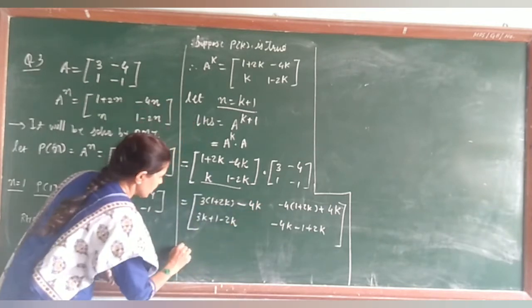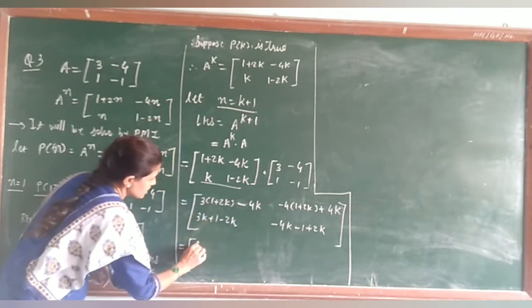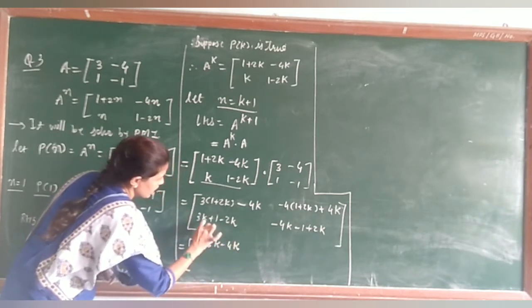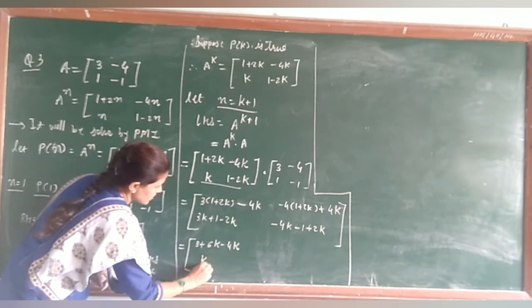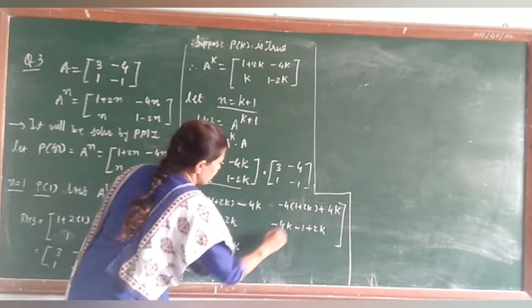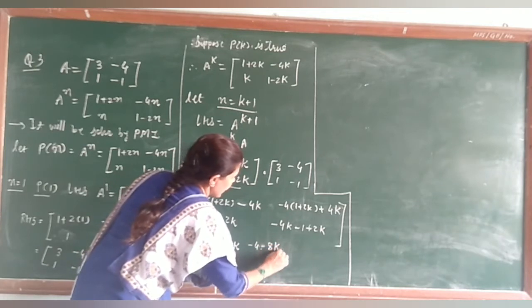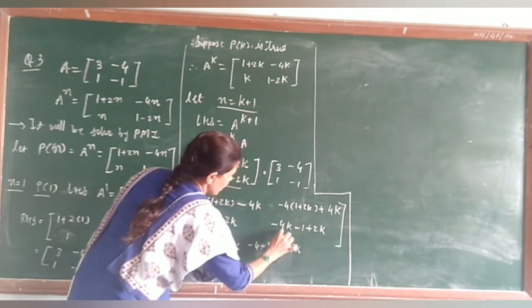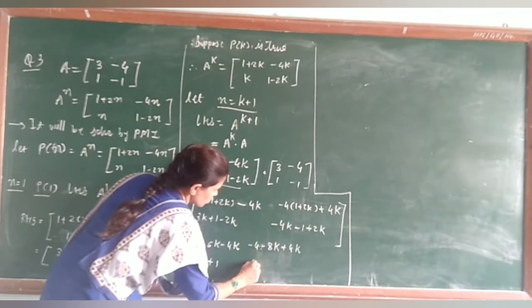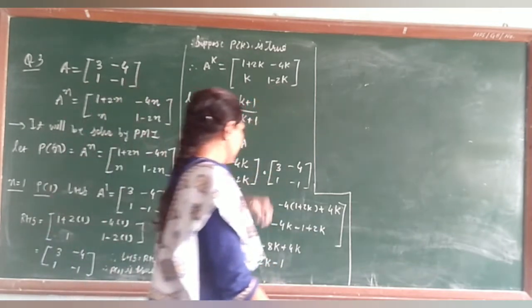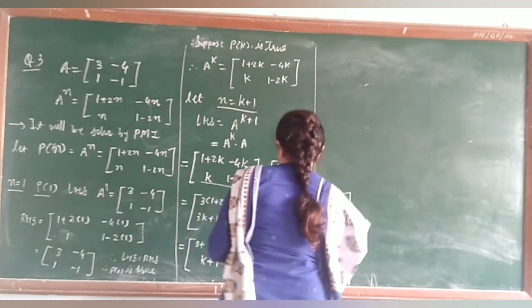Now solving further, 3 plus 3 twos are 6k minus 4k. Here 3k minus 2k, that is k plus 1. Here -4 minus 4 twos are 8k plus 4k. -4 and plus 2, so it is -2k minus 1. Okay. So now this is our multiplication.